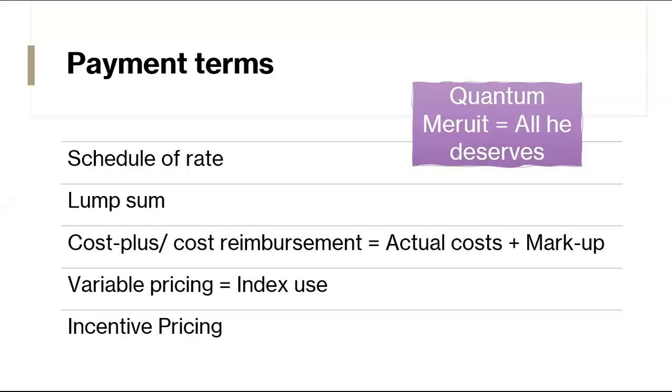And a small note here: CIPS also asked a question on quantum meruit. What is this? This Latin phrase means as much as he deserves, which means quantum meruit is a principle in law about compensation, where you need to compensate anyone who performs a service with a price equal to its value. So that is generally about quantum meruit.